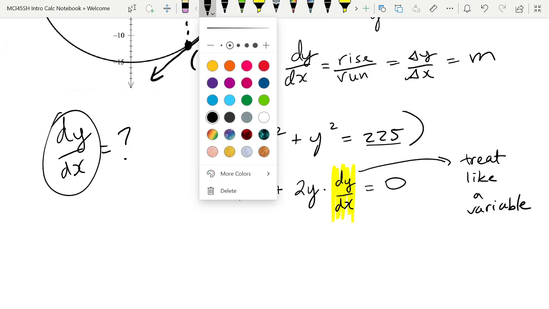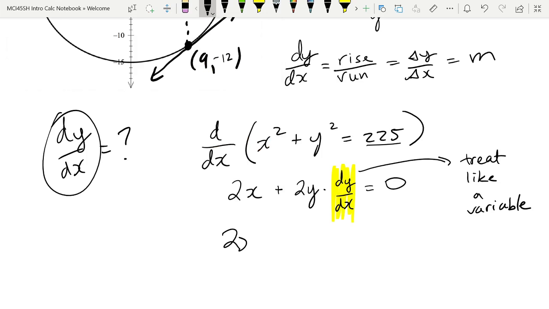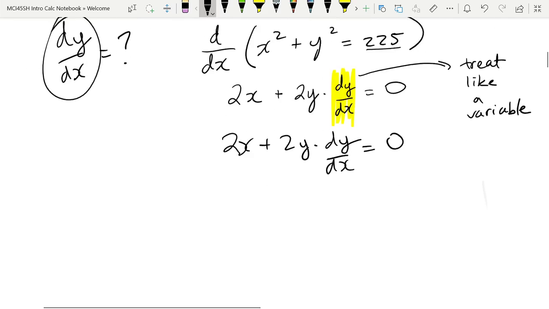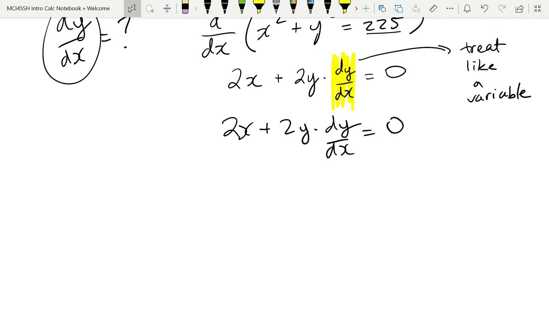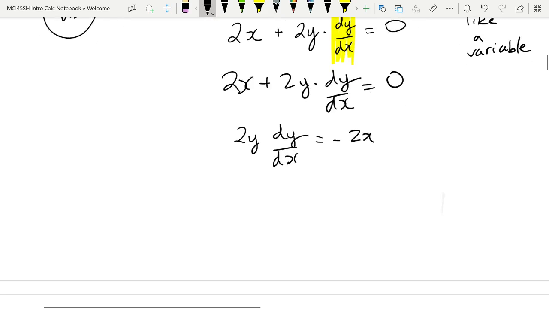So 2x plus 2y times dy dx equals 0. Let me write it again without the highlighter in the way. I'm going to isolate dy dx. I'm going to subtract 2x from both sides. I'm going to divide both sides by 2y.